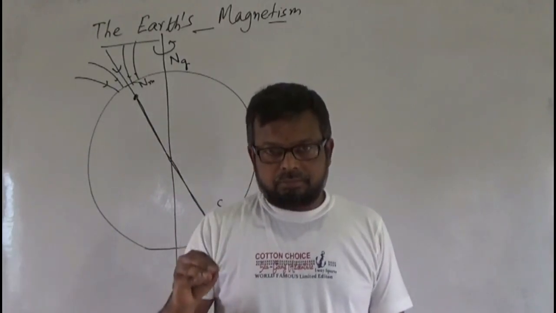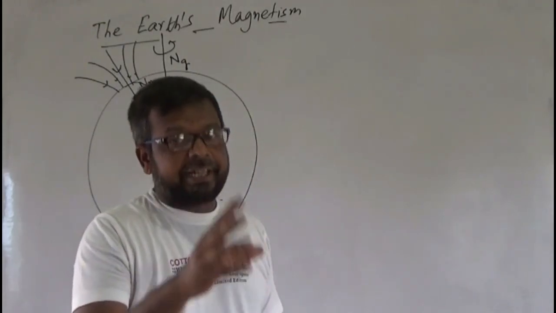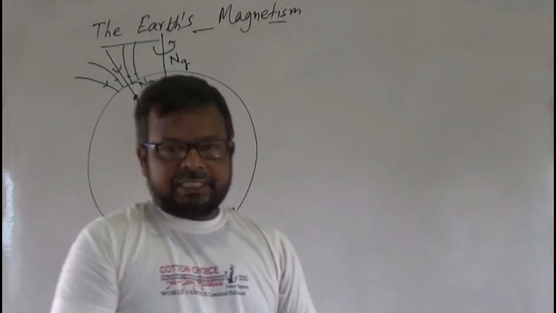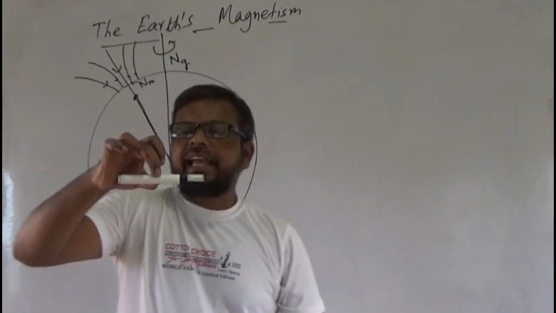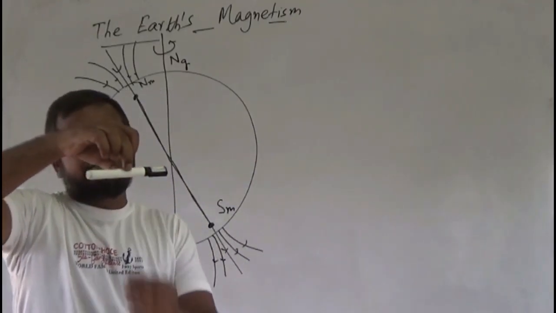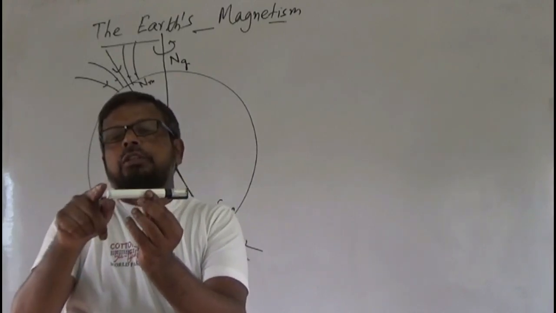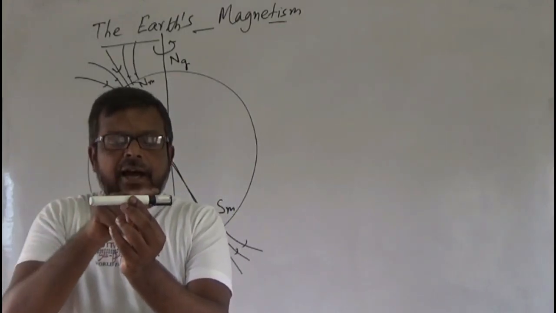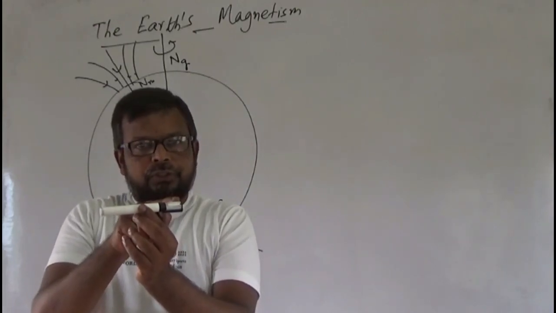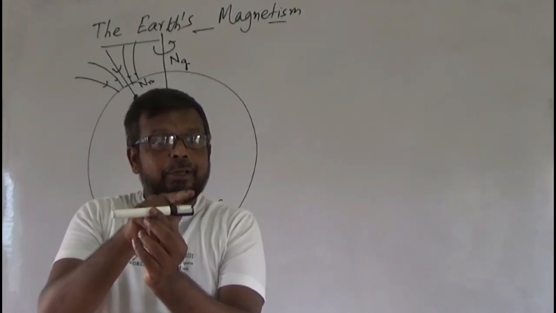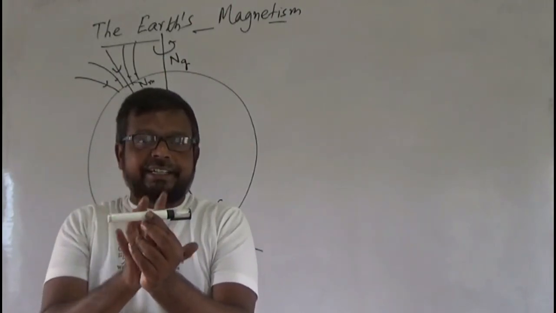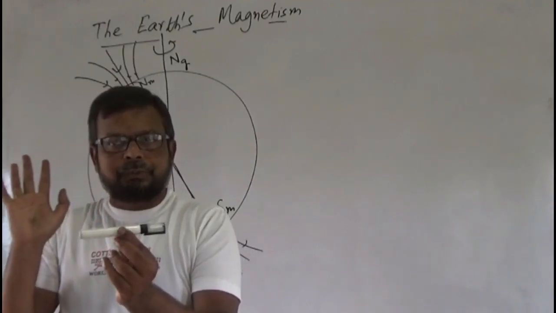The north pole and south pole of our magnet, what we have defined: if this is our magnet and we just hang it from the center of mass, it stands in the north-south direction, and we have said that this is north pole, this is south pole. But this north pole is not the north pole. This is the north seeking pole and this is the south seeking pole. We abbreviated the term as north pole and south pole.